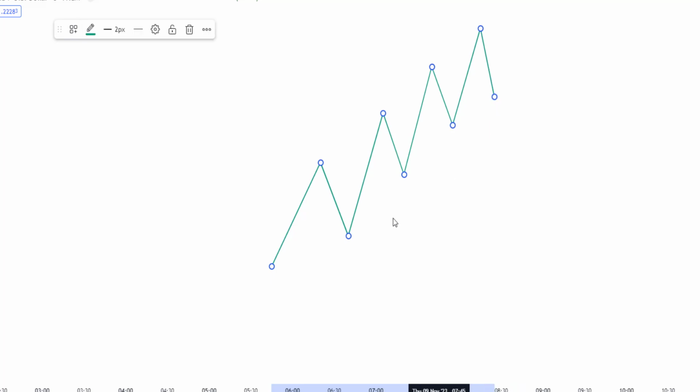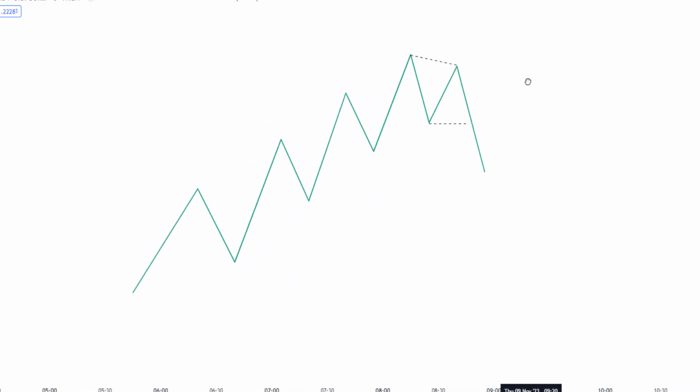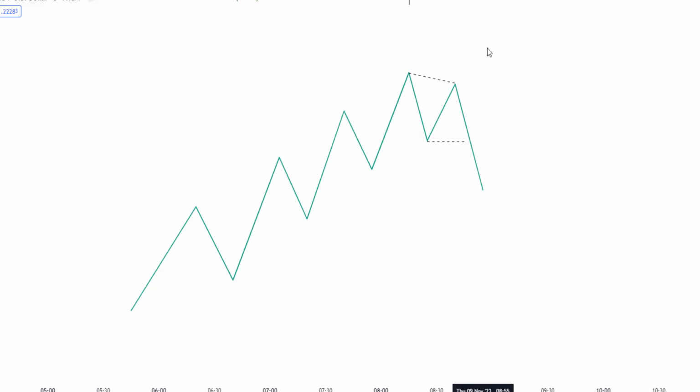But in a situation where we have a failure swing, instead of price creating a higher high, we end up having a failure swing that could not make a higher high, and it crashes down into this area, creating a shifting market structure, failing to create a higher high. So a failure swing in this area will now bring in our mitigation block. This is what we call a mitigation block.